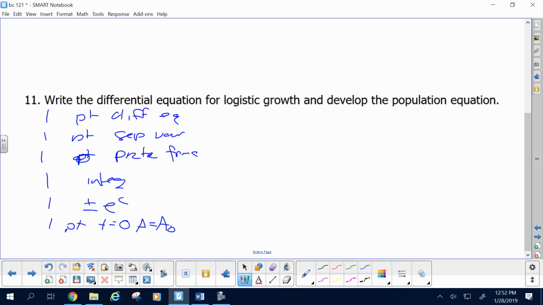And then 1 more point for the final cleanup, which was a lot to get to the final result.